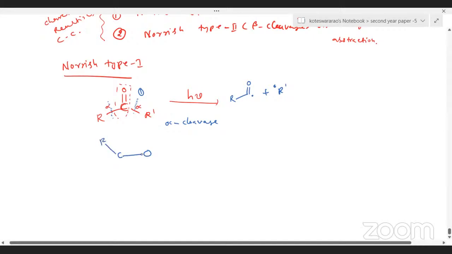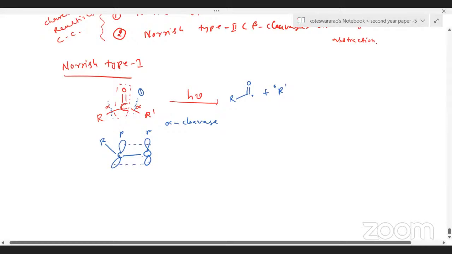This is the sigma bond, formed by combining an sp2 hybrid orbital of carbon and an sp2 hybrid orbital of oxygen. The carbon has one unhybridized p orbital, and the oxygen has another unhybridized p orbital. Both combine together to produce the pi bond.